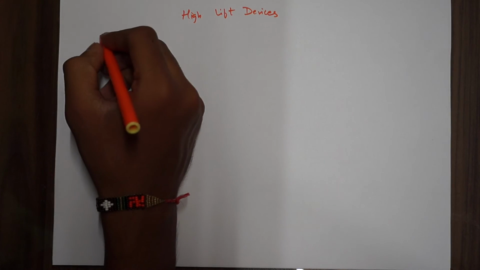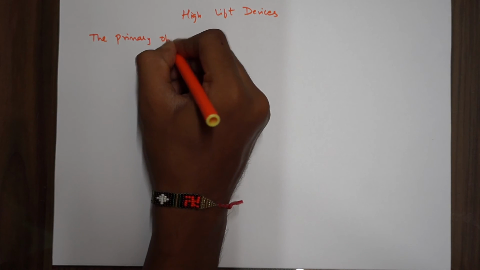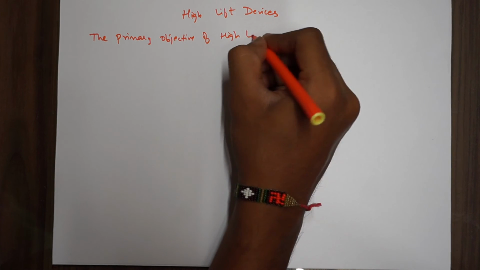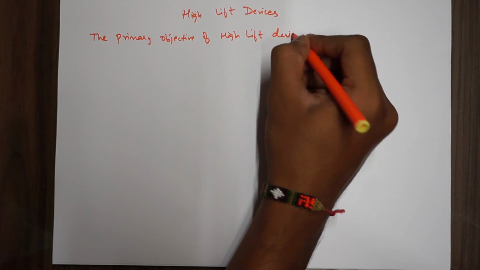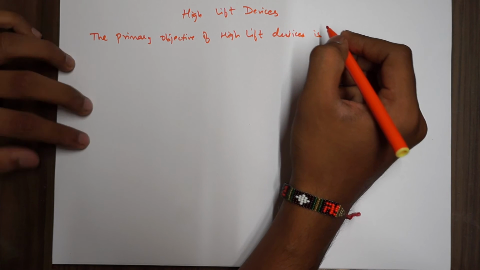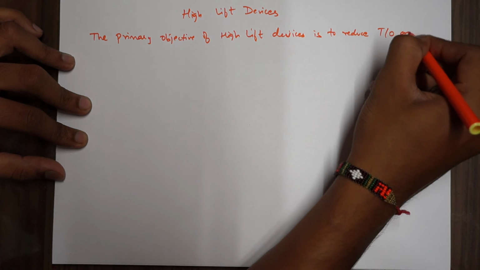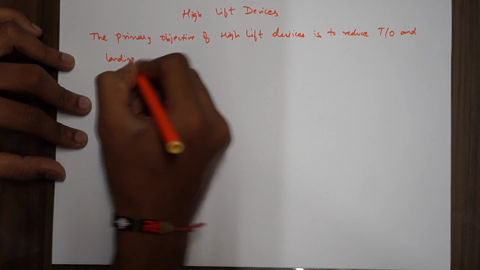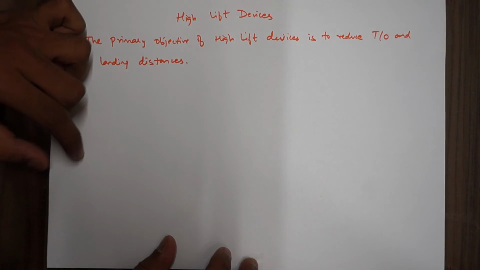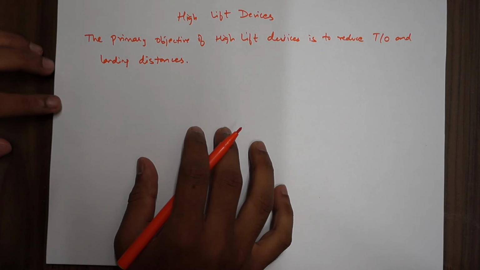The primary objective of high lift devices is to reduce takeoff and landing distances. Basically, to reduce takeoff and landing distances, we are going to use high lift devices.